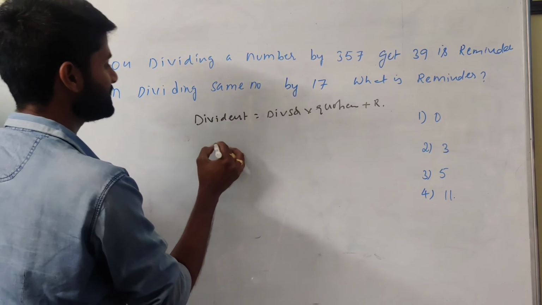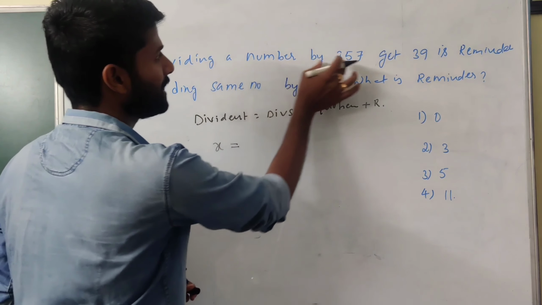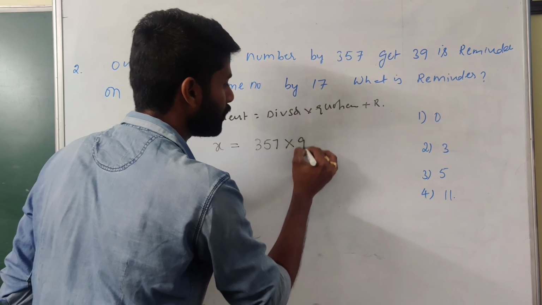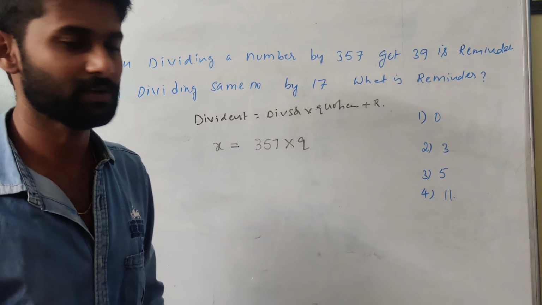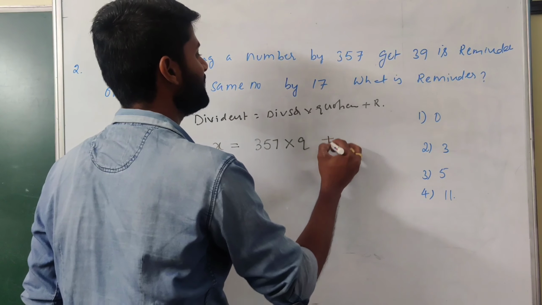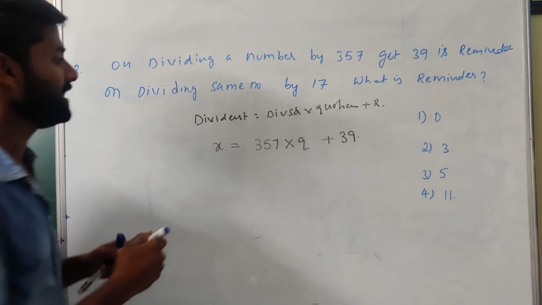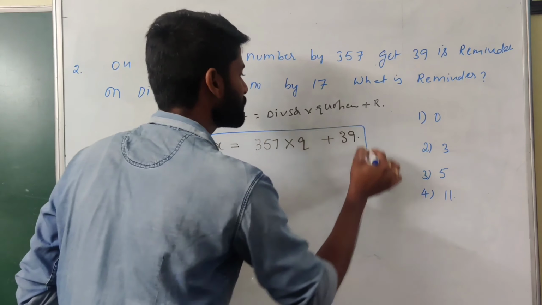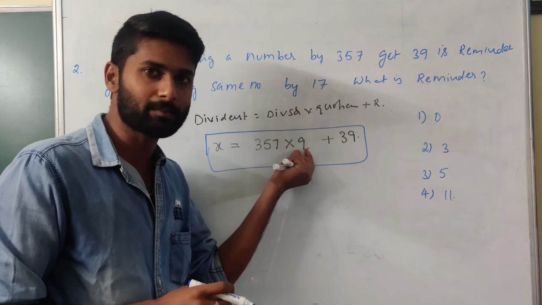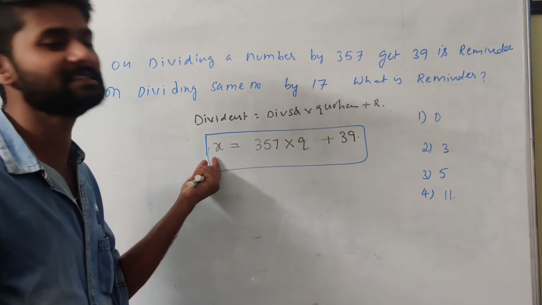We need the dividend value, that is x, and the number is 357 multiplied by some coefficient, the quotient value, which we don't know. So if we divide this number by 357, we get the remainder 39. We don't know the value of x or q. So 357 is multiplied by some unknown coefficient, and adding the remainder 39, we get the dividend.